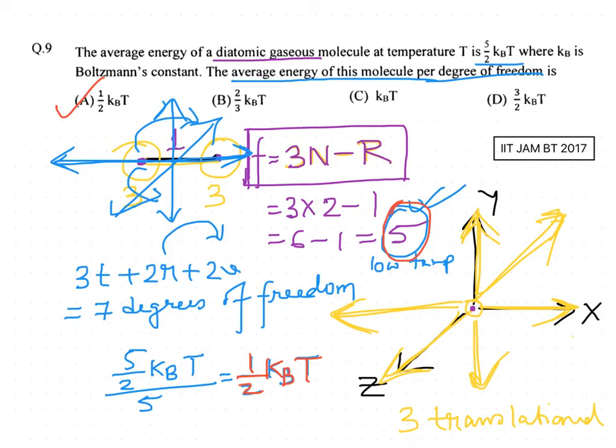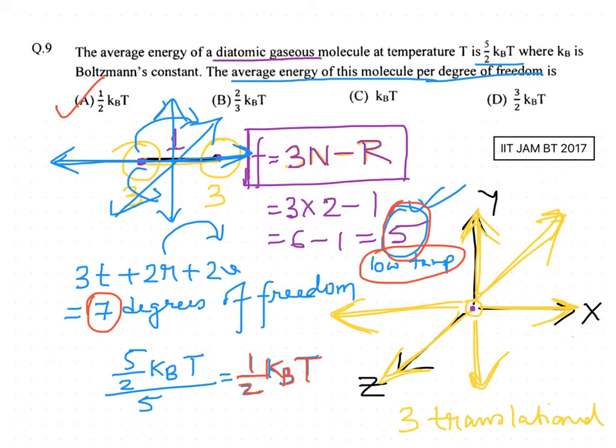So here you need to remember when you should take 5 as the number of degrees of freedom, and when you need to take 7. At lower temperatures, that is normal temperatures, up to almost 1000 Kelvin, you can take F as 5.